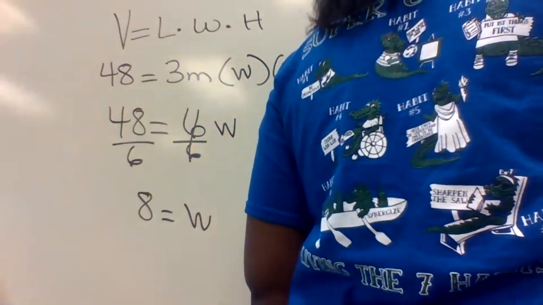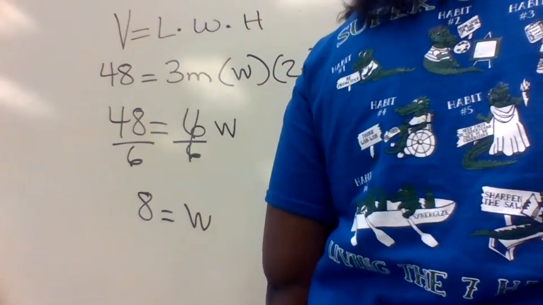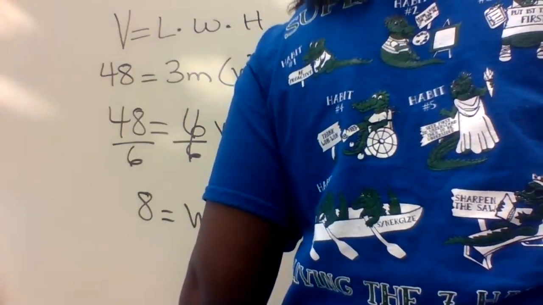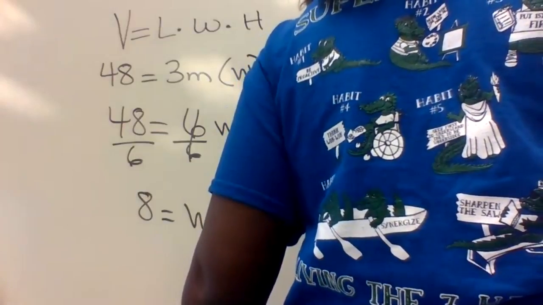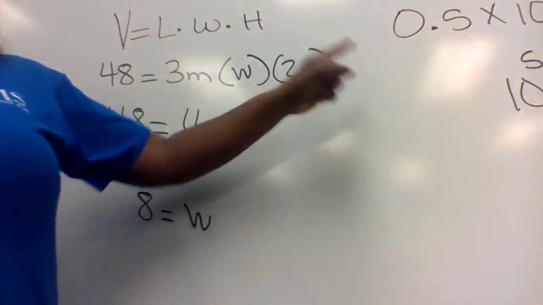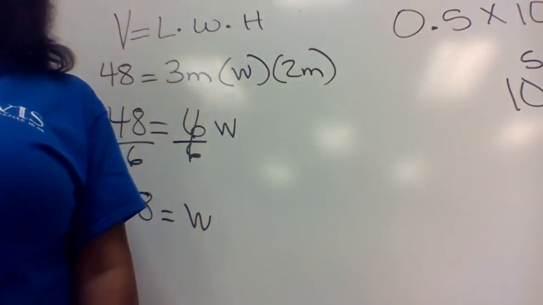It would be 10 times 10 times 10 times 10 times 10, which would be 100, 1,000, 10,000, 100,000. Right? So you would have to multiply 5/10 times 100,000.